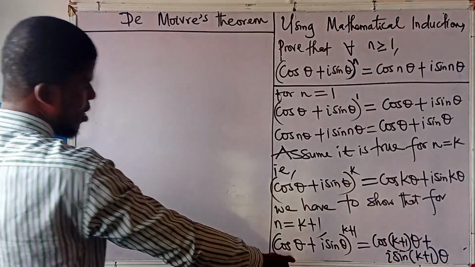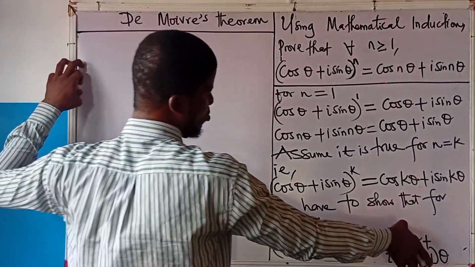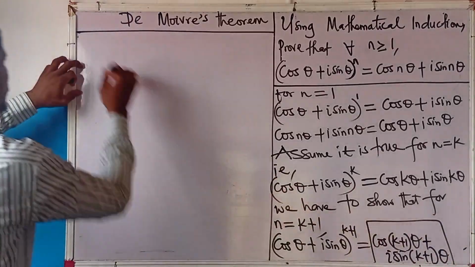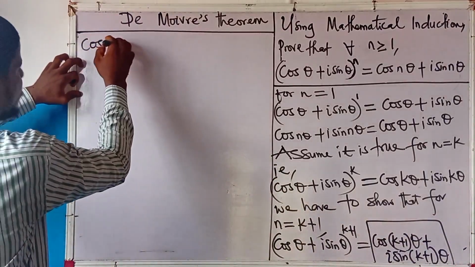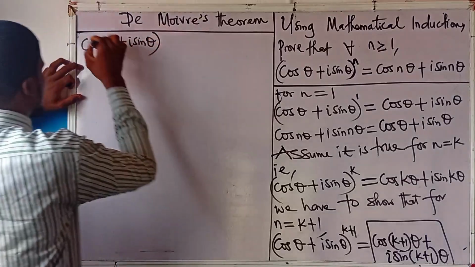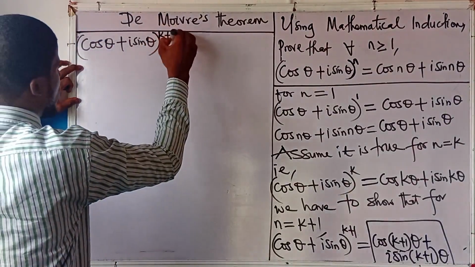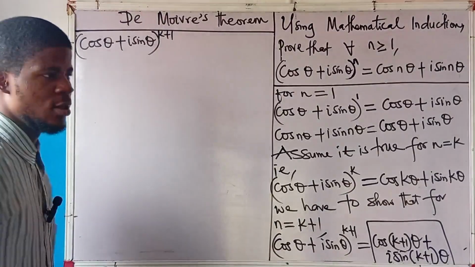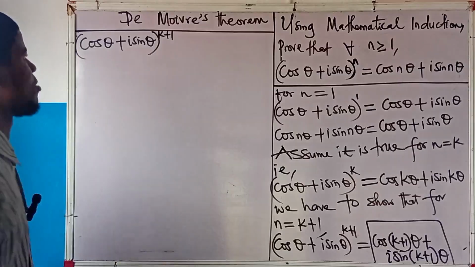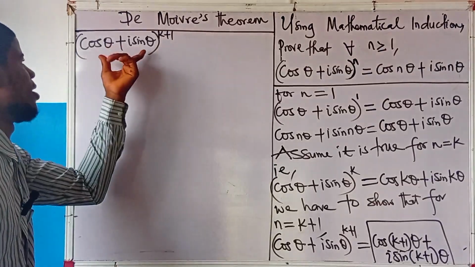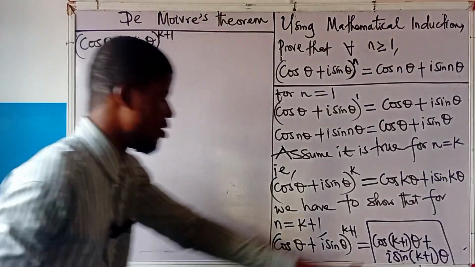So let me come here. At the end of the day, our answer should be equal to this, okay? So let's manipulate this, raised to power k plus 1. So let's employ any mathematical technique that will work for this expression to be made equal to this.